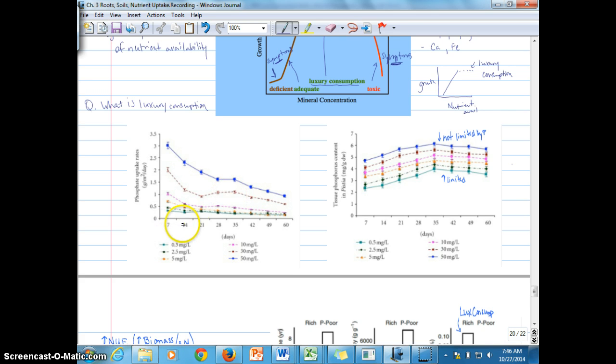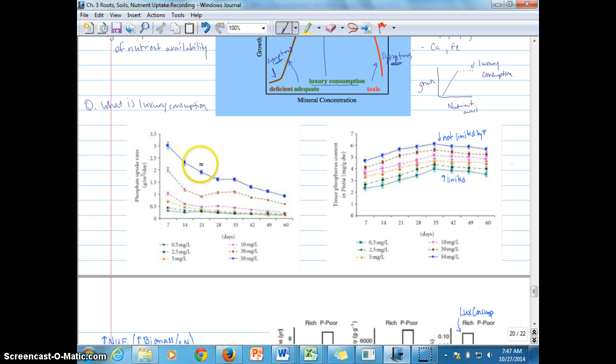However, after a week of fertilization, there's a drastic difference between uptake rates of phosphate in the highly fertilized plants compared to the low fertilized plants, with a gradient in between. But as time goes on, that high phosphorus supply doesn't translate into a continuous high uptake rate.